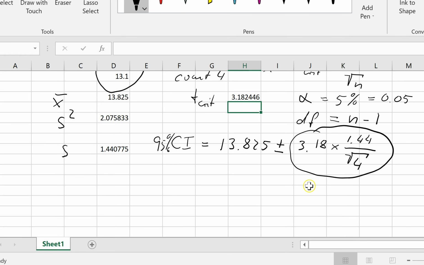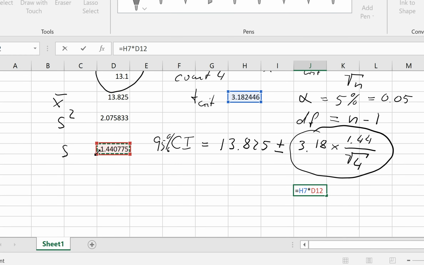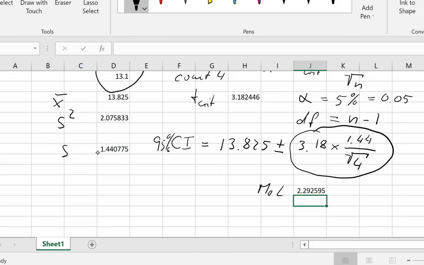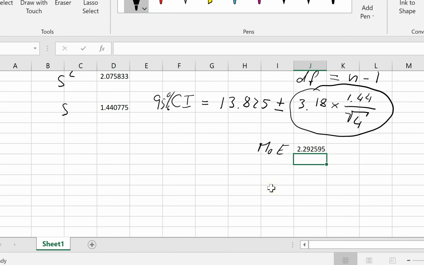So we calculate this margin of error equals this value, our t critical, times the standard deviation divided by square root 4, so that would be 2. So our margin of error would be 2.29.